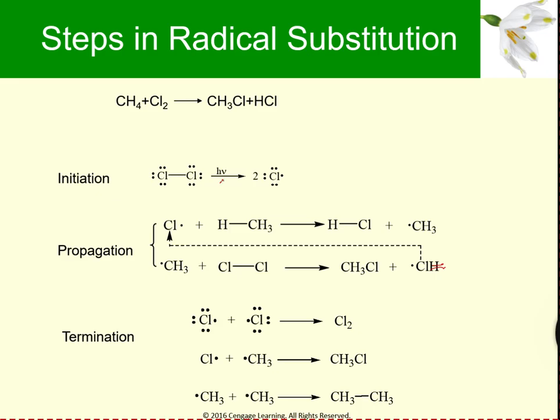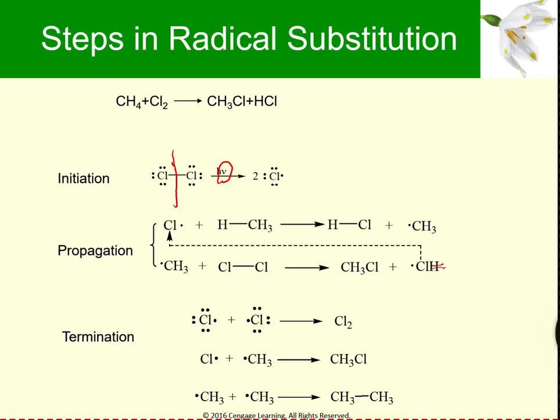So h nu is light energy, which provides the energy to break this bond, and this is a homolytic process, okay? Because I told you this undergoes a radical mechanism, so this should be a homolytic process.